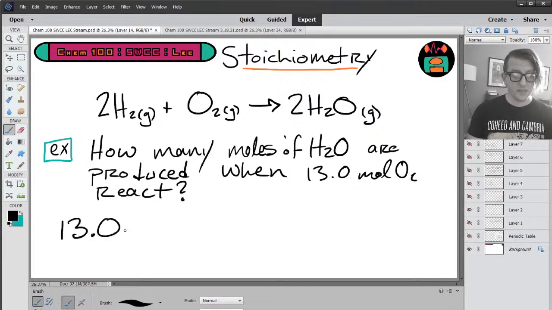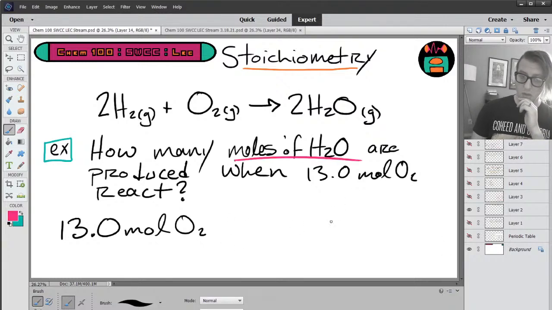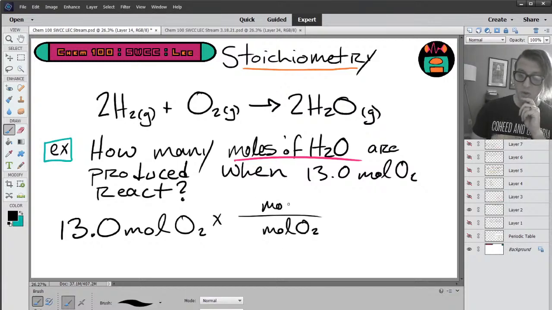We're told that 13.0 moles of oxygen react, and we're asked how many moles of water are produced. We need a unit conversion that will convert moles of oxygen to moles of water. Where can we get such a thing?